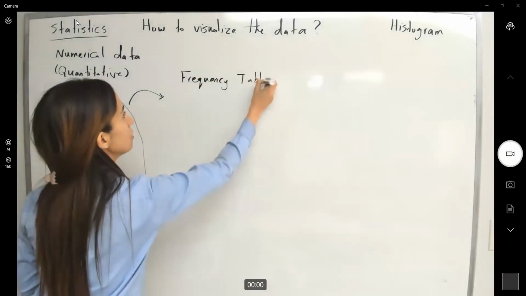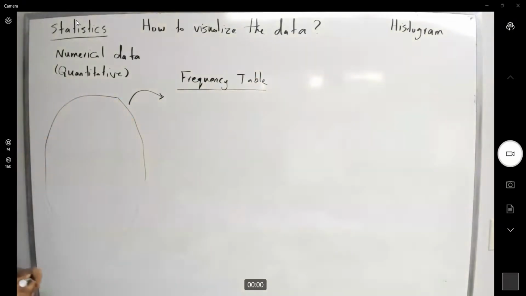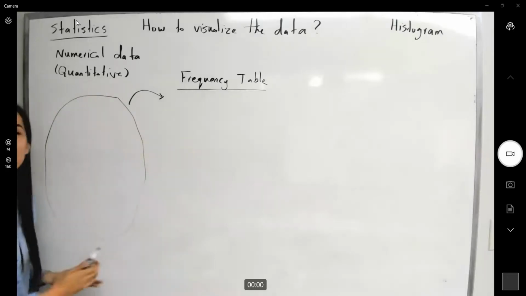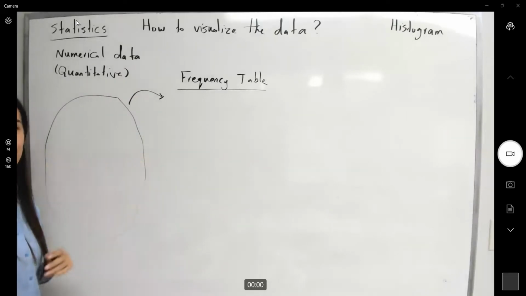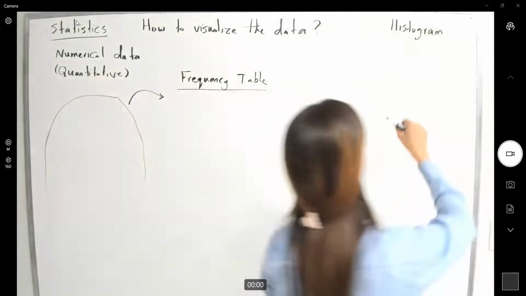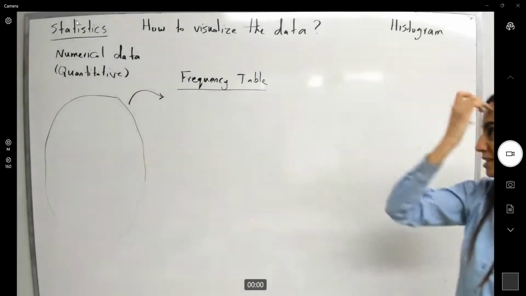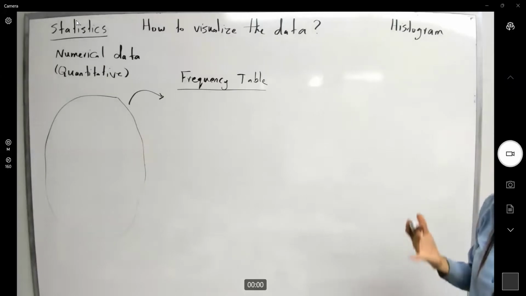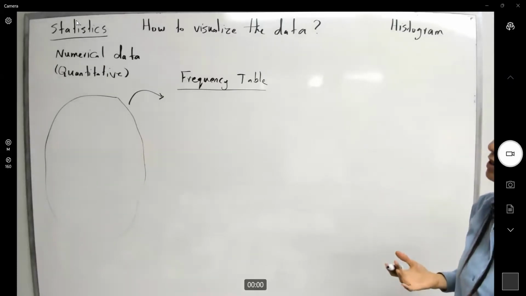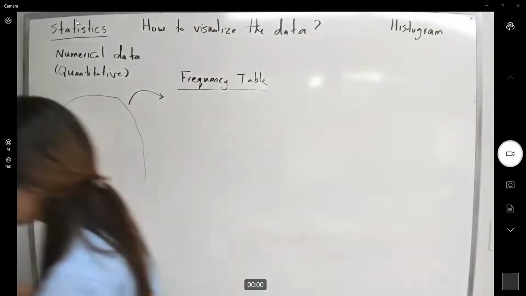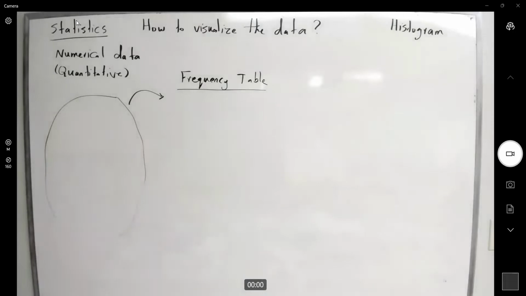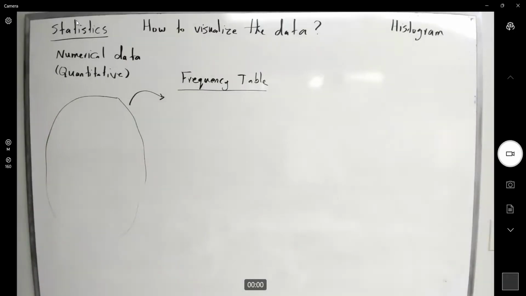What is a frequency table? After using the frequency table to arrange the information that you have, you're going to use a histogram to visualize the data. So I'm going to talk about the frequency table through an example, and then we're going to build a frequency table together.